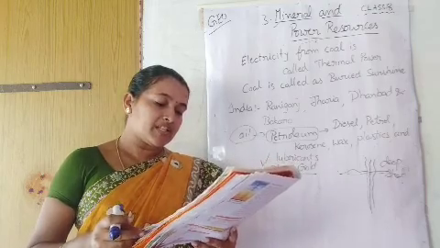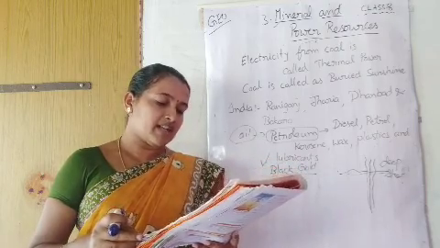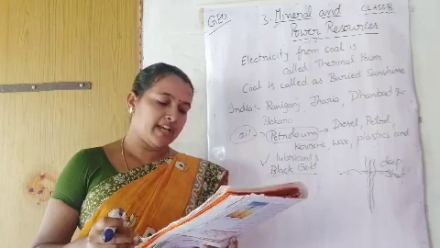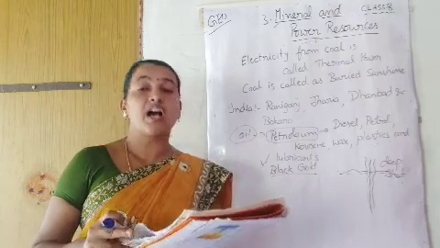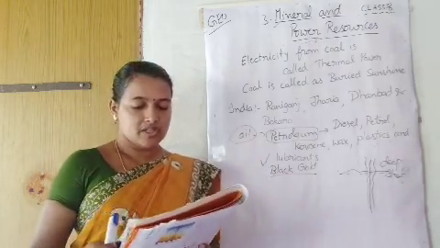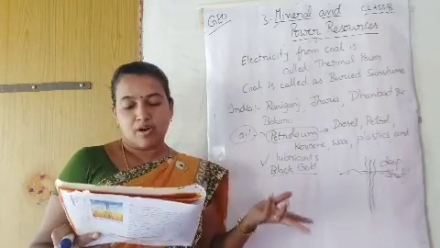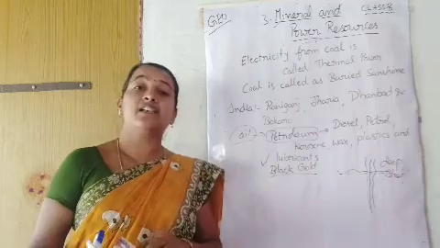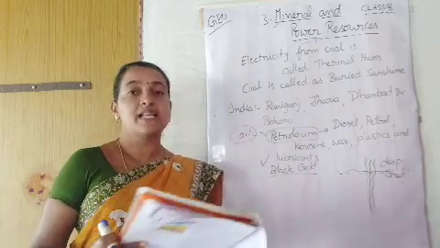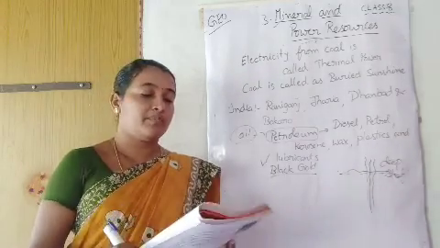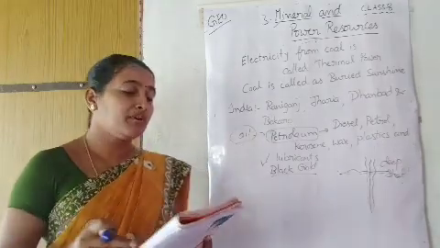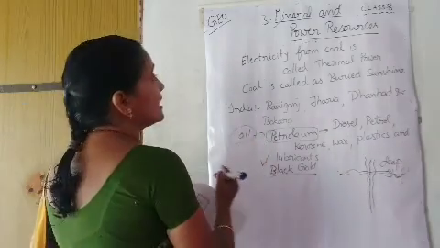The leading producers in India are Digboi in Assam, Bombay High in Mumbai and the deltas of Krishna and Godavari rivers. In these places petroleum is removed.